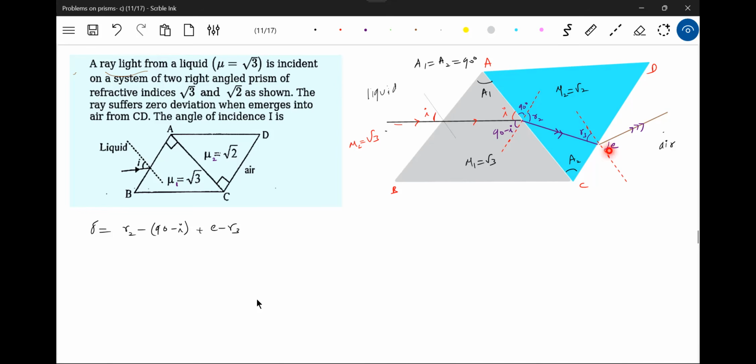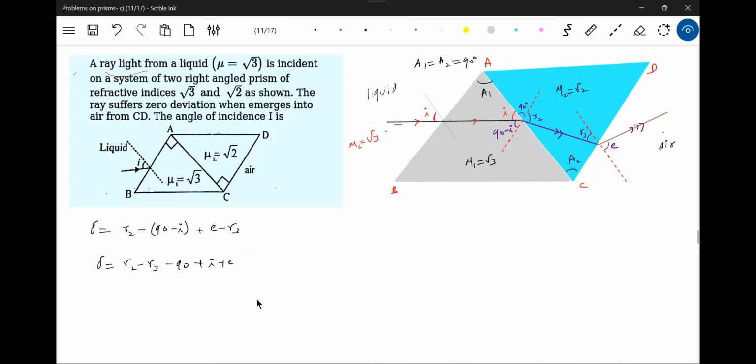So this will be E minus R3. Next, this will be R2 minus R3 plus I plus E. The net deviation is in fact zero.